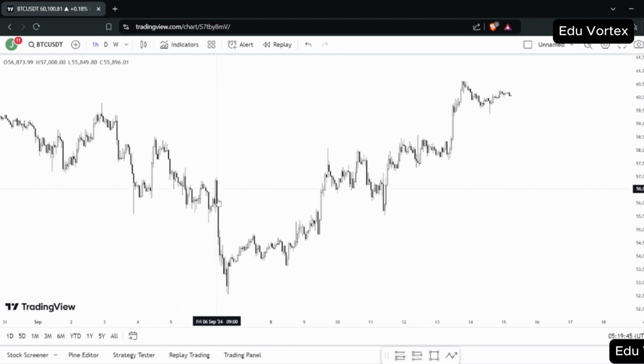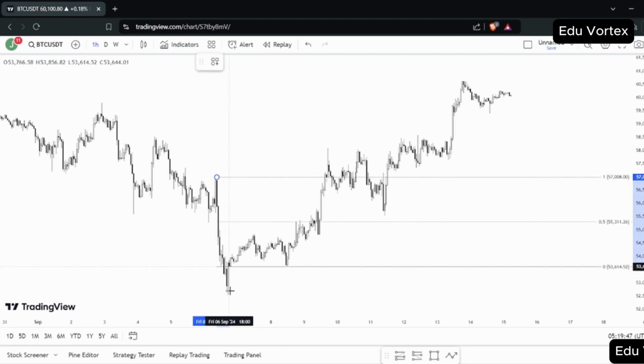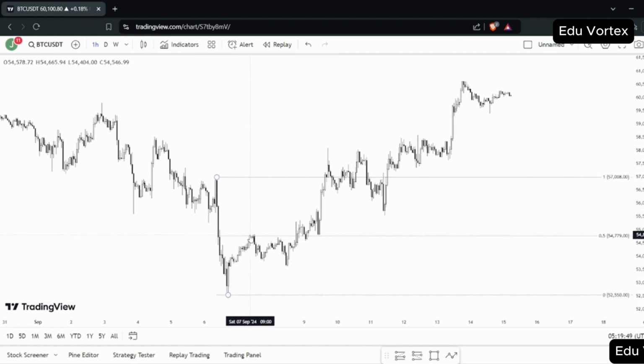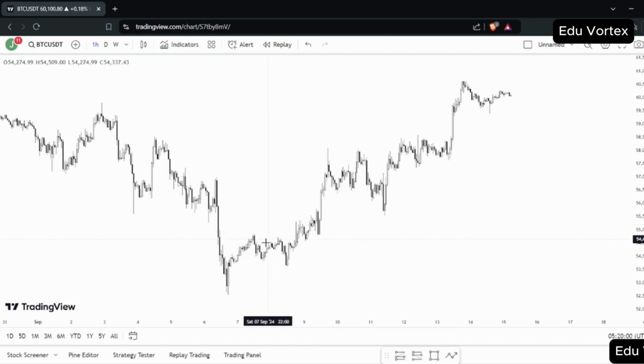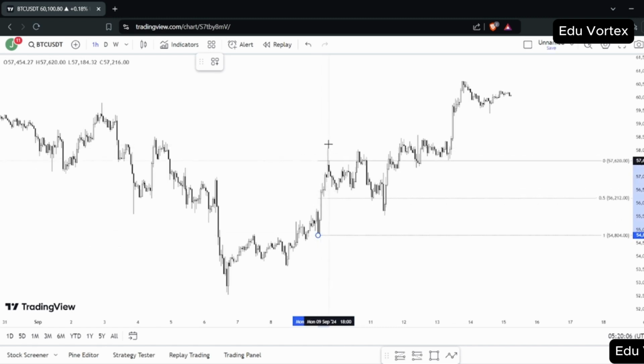We can see this is the structure, 0.50%. What does it do? Rejects, goes lower, but ends up going past through it. We usually want to see 0.50% react on the price. Now we have this structure.